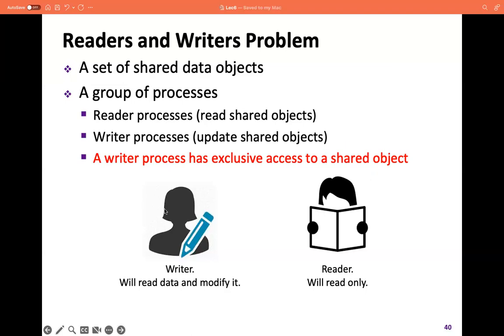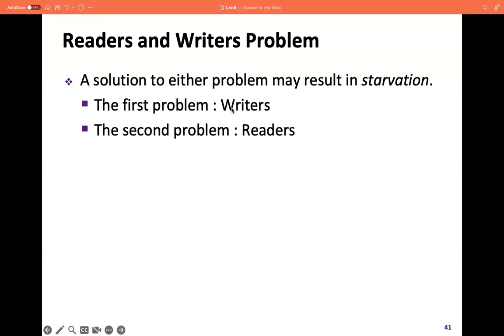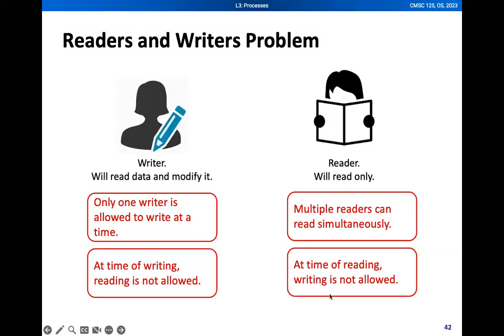In other words, the writers will be given priority. And there are several problems here. The first problem is on the writer side, and the second problem is on the reader's side. Not solving this readers and writers problem may result in starvation.